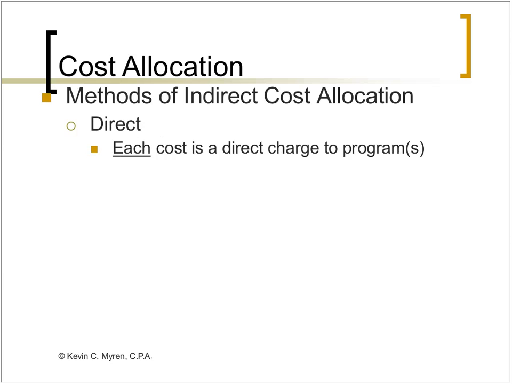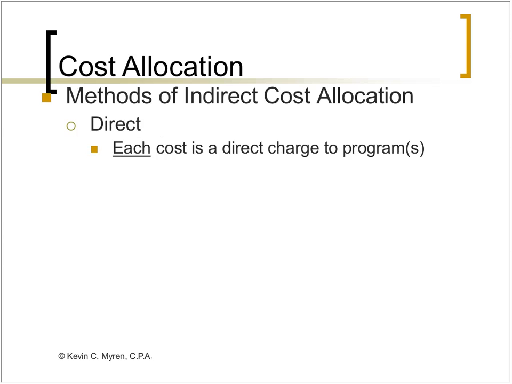When each invoice or each personnel payment is made, it is charged on the spot to the programs that are benefited in the ratio that's benefited. So if you have one or two programs, which most CAP agencies have significantly more than that, a direct method may be just fine because you're only splitting a cost between one or two different programs.